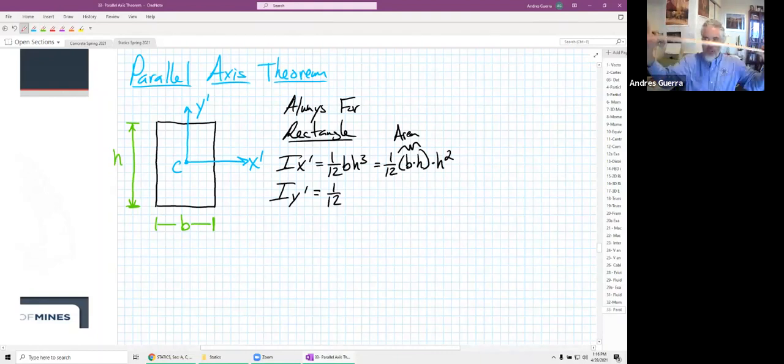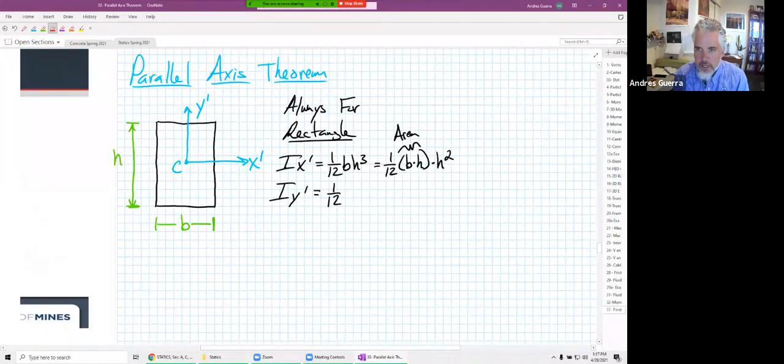Just like with this, I can bend it in that dimension, but I can't bend it in this dimension, because I have more distance away from the centroid of the rectangle. And so we have the area, and then this h squared is really the moment arm squared.